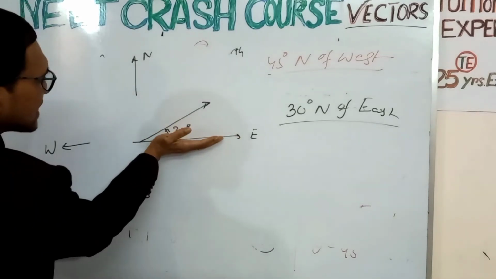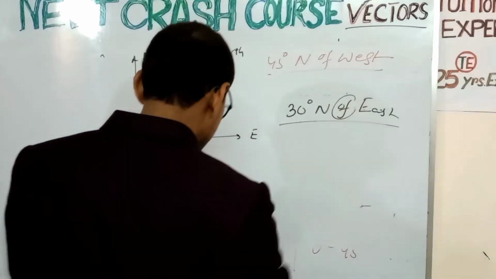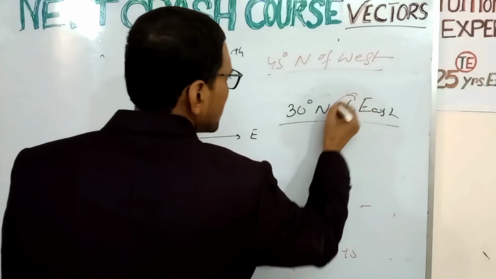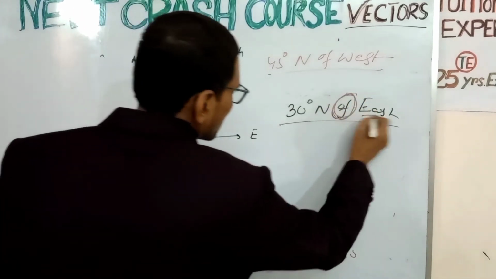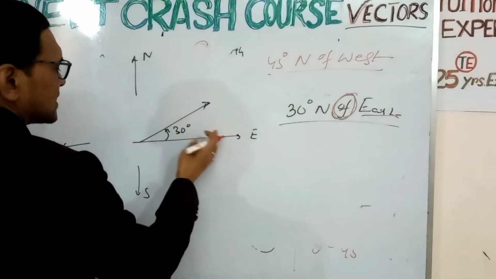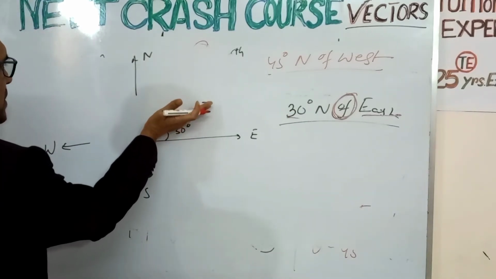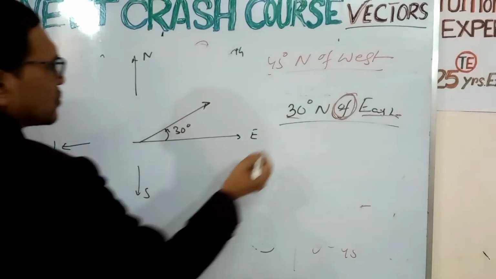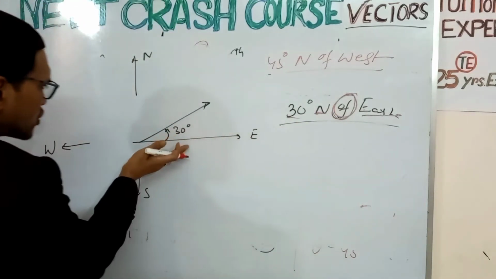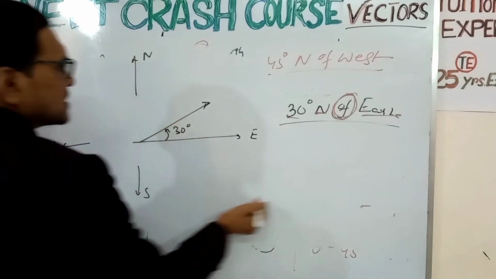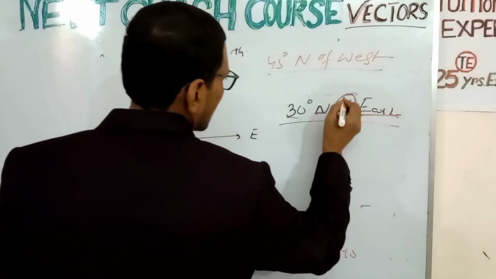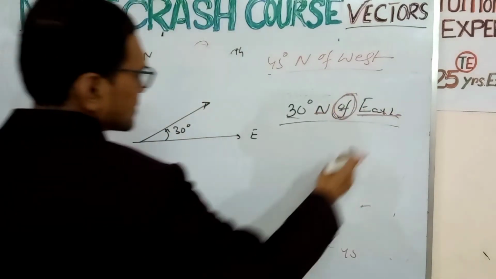And the vector is shifted towards the north direction, so we write north, and from which direction it makes the angle, we write "of" that direction.